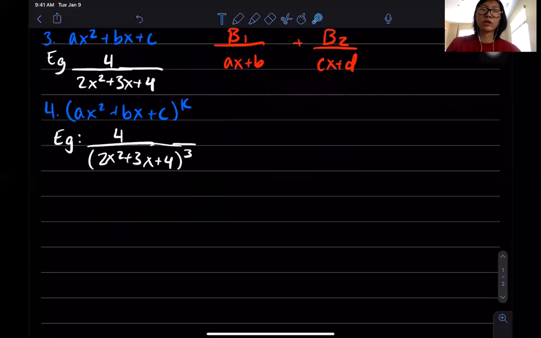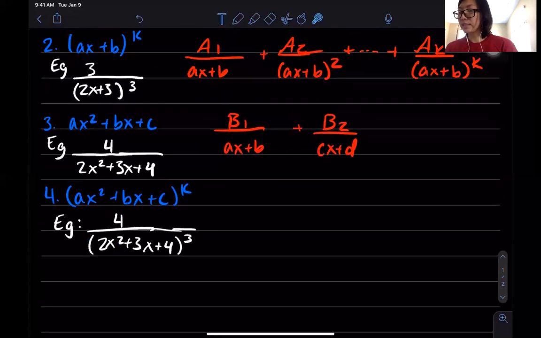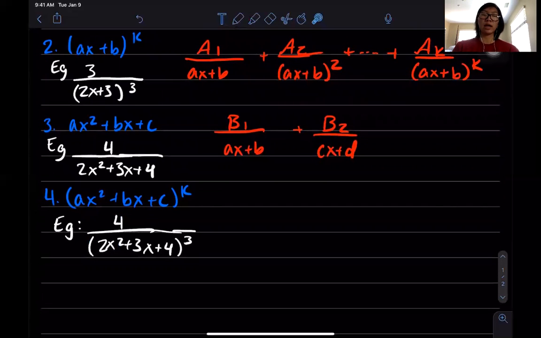And then for case number 4, same thing as case number 2, where first we're going to have to write them all into separate sums, right?